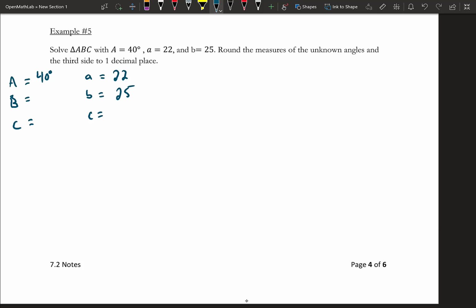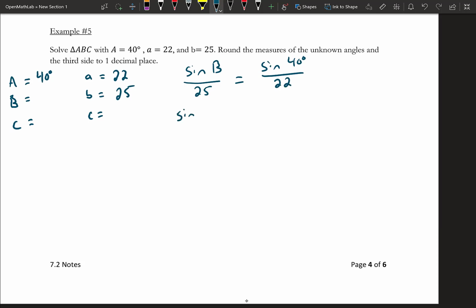So maybe a nice place to start would be to find angle B, right? So sine of angle B divided by little b, which is 25, would be equal to sine of A, which is 40 degrees, divided by little a, which is 22, right?